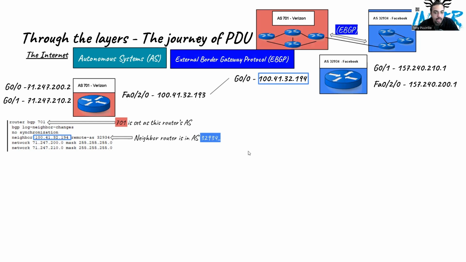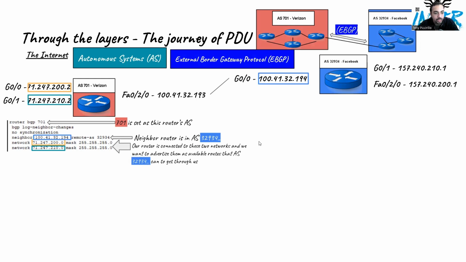And you can see that the IP we're giving is the IP of the neighbor router's interface we're connected to, right? So that's this here. Next, we have the 2 networks our router wants to advertise to our BGP neighbor. This will let our neighbor router know that it can get to these 2 networks through our router. And you can see that these 2 interfaces are in that network.